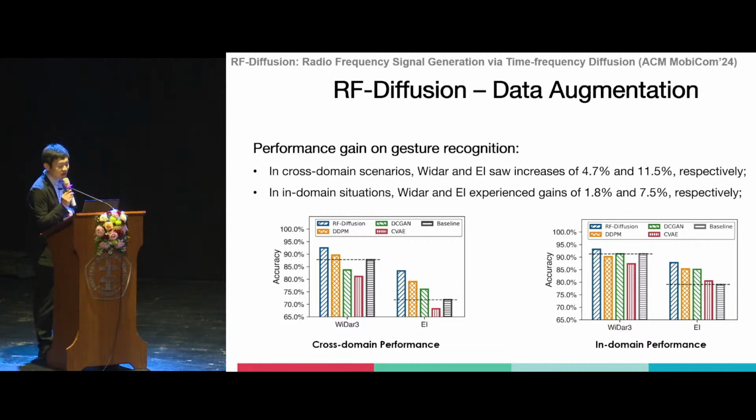We also find that if the generative model is of low quality, the synthesized data can even hurt the performance. So a high quality generative model is not only helpful, but can have a decisive impact on the downstream tasks.